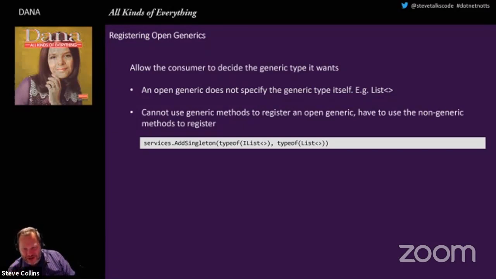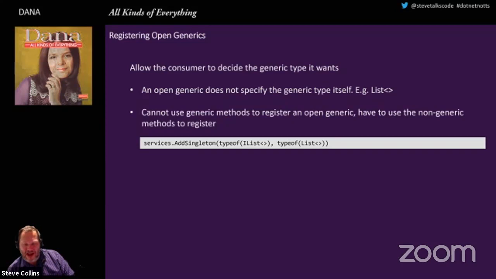What you can do though is, what my example shows, IList. Say you've got your own class that is an open generic. So you've got something that can take a type parameter and it will do some function regardless of type.